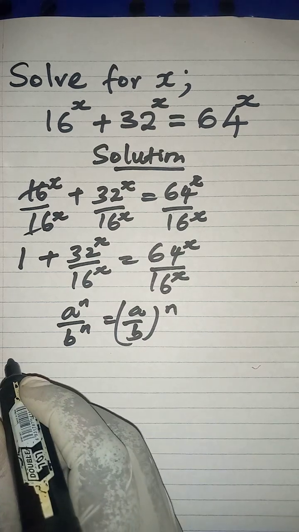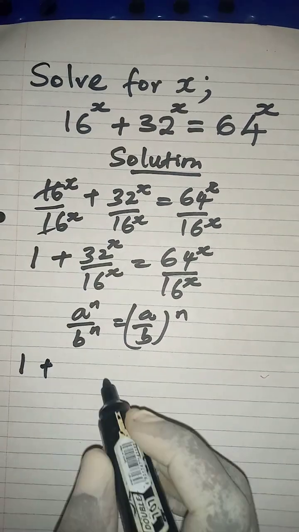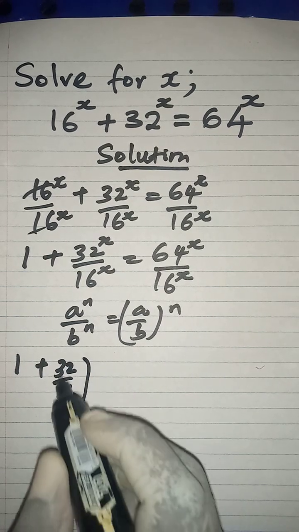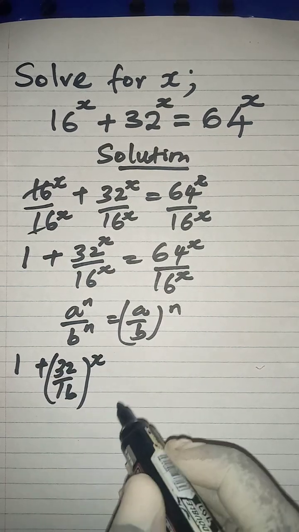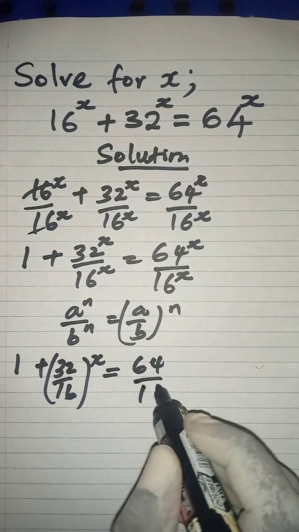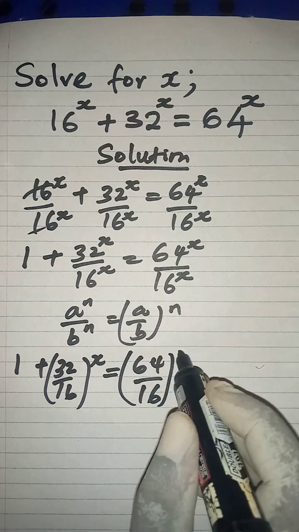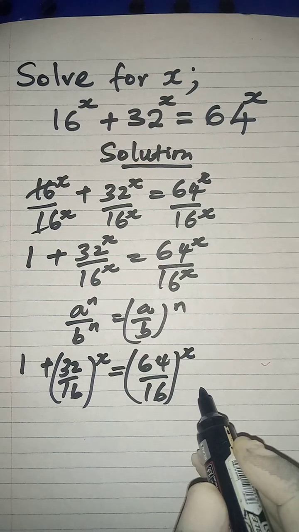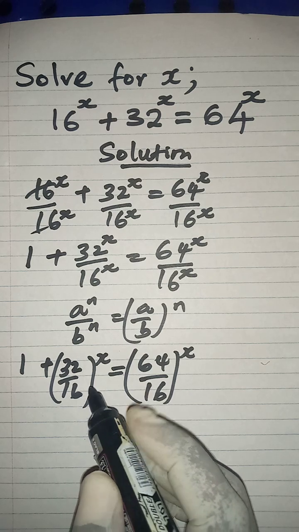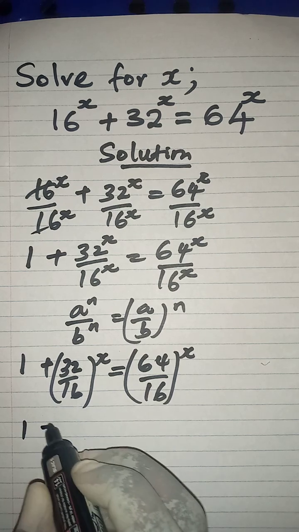Writing that, I'm going to write it as 1 plus 32 over 16 raised to x is equal to 64 over 16 raised to x. I know 32 and 16, when you divide, gives you 2.